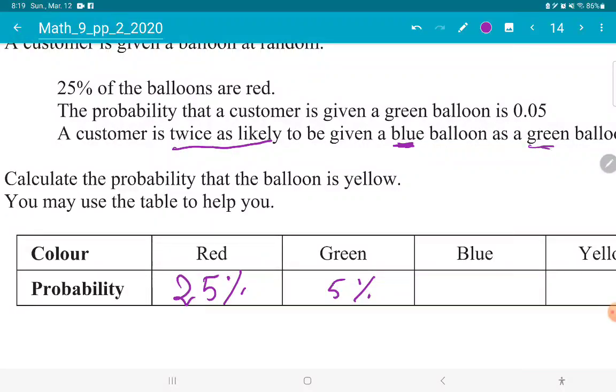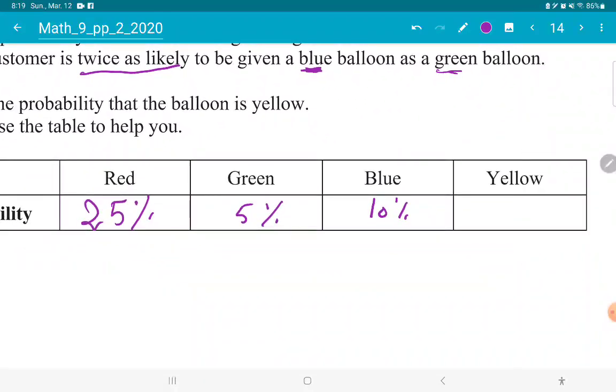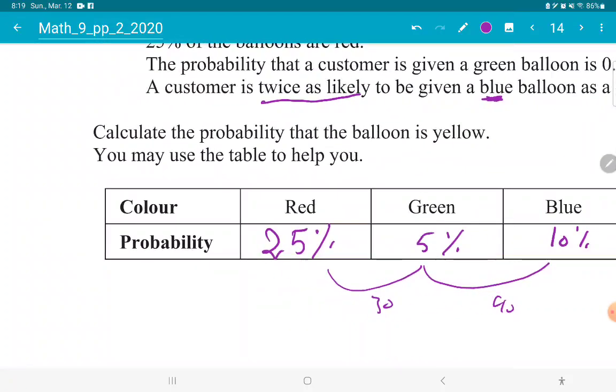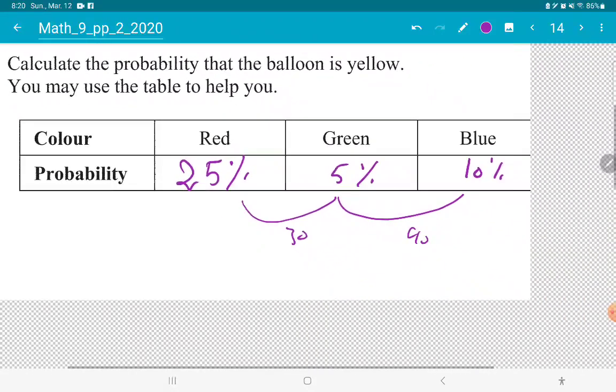The green is 5, so the blue is 10%. Then we know it's yellow. So this is 30%, that's 40%, then this 60%. What do they want? Calculate the probability that the balloon is yellow: 60%. That's it.